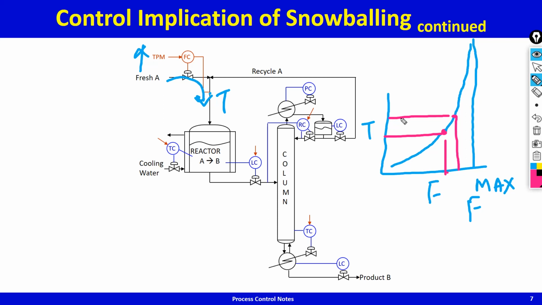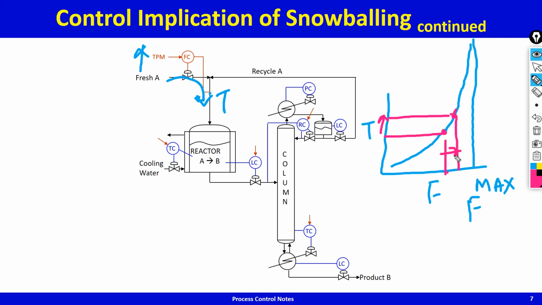So the steady state that you're looking at is the same. It's just that when you're specifying T, you will change T from here to here, and then the production rate would have increased from here to here.